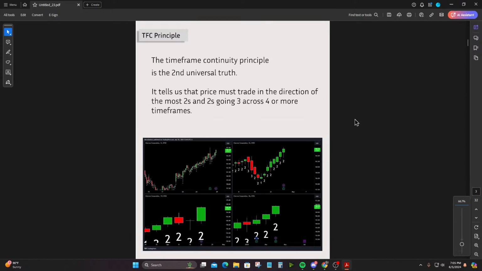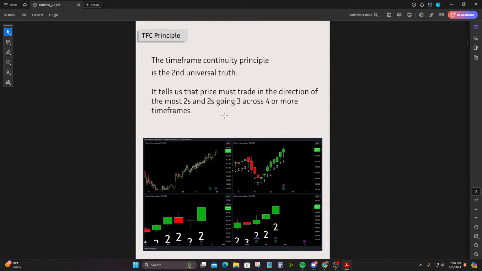All right, so what is time frame continuity? Time frame continuity principle is the second universal truth. And if you were here last night, we covered the first universal truth, which is the Strat scenarios, the 1s, 2s, and 3s.